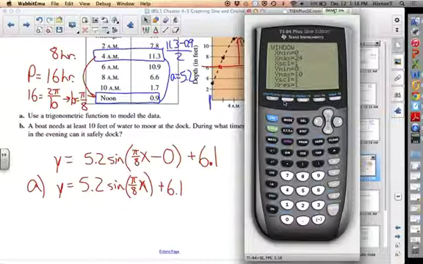And then it's going to go from 0 up to, our max was 11.3. So let's make our max on our window be 12. Okay? And now you can hit graph.